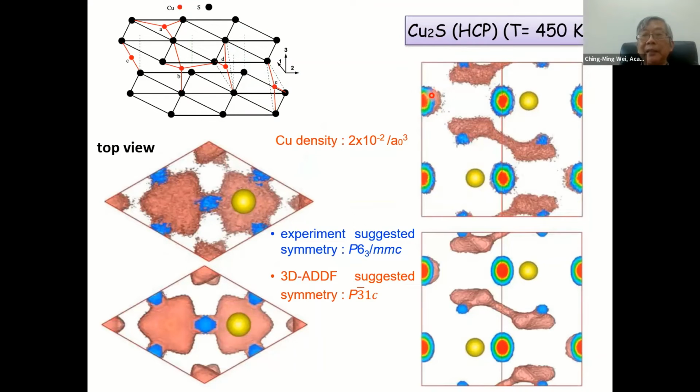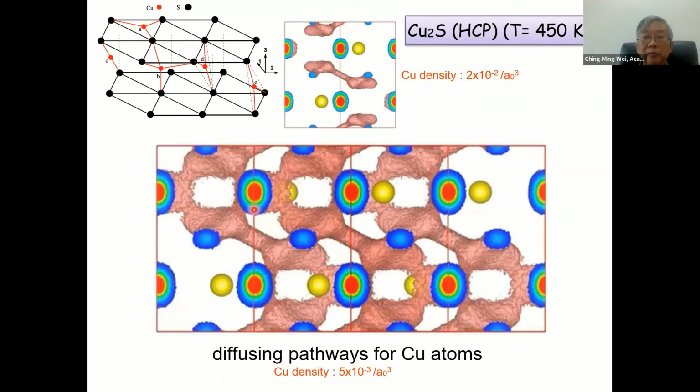However, you can see the copper atom isolated here, and here are also copper atoms, but there is a diffuse triangular, and this triangular and lower triangular actually have a channel from the upper side to the lower side. And if you plot out 2x2 symmetry and use a copper low density, you will actually see this kind of constant surface, which makes out the possible diffusion path for the copper atoms.